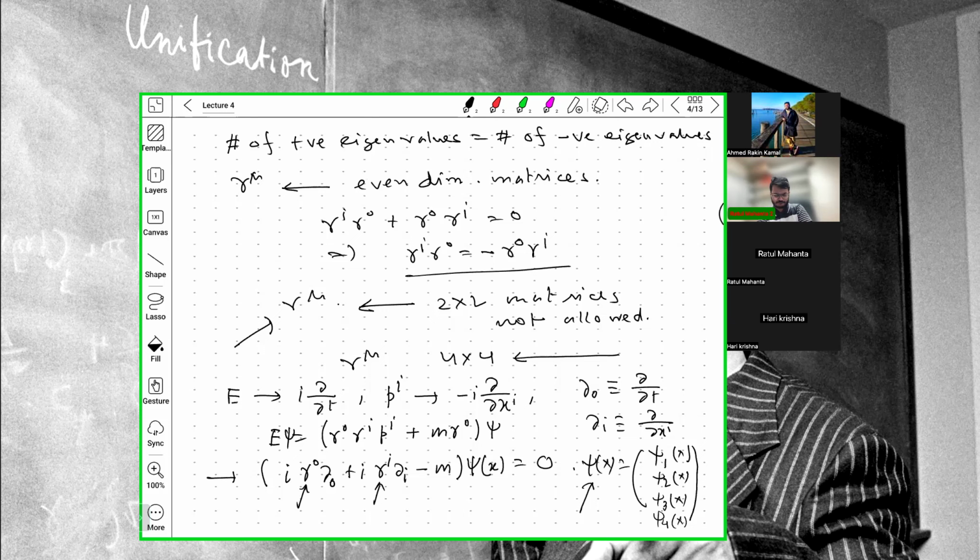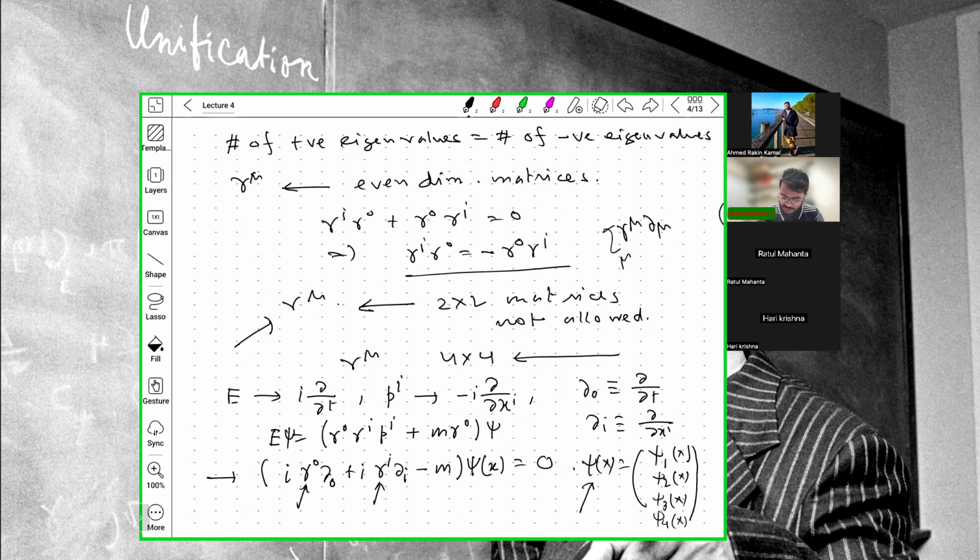For the three space components, this is a plus sign. Both are plus signs, I mean the time component and the space components. That's why you can combine it as this, as an Einstein sum.